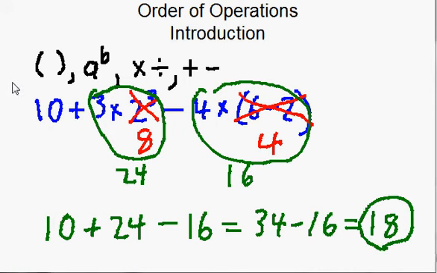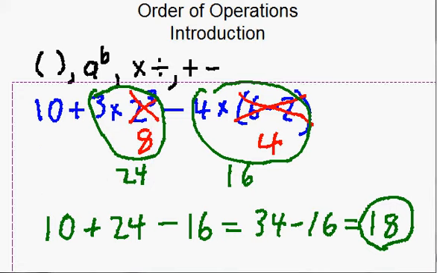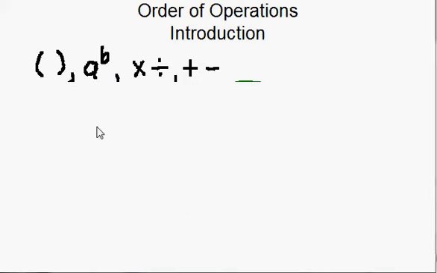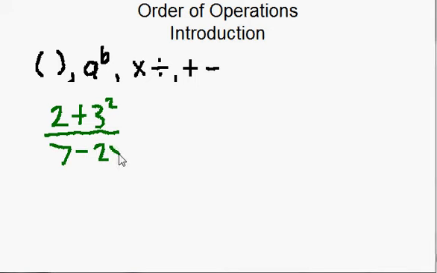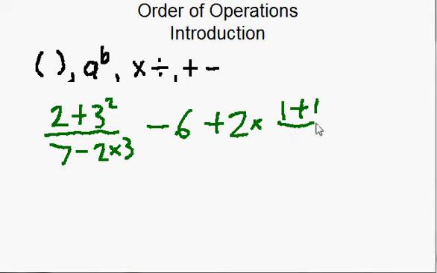Okay, let's try another one. Third example, let's try 2 plus 3 squared, divided by 7 minus 2 times 3, minus 6 plus 2 times 1 plus 1, over 4.